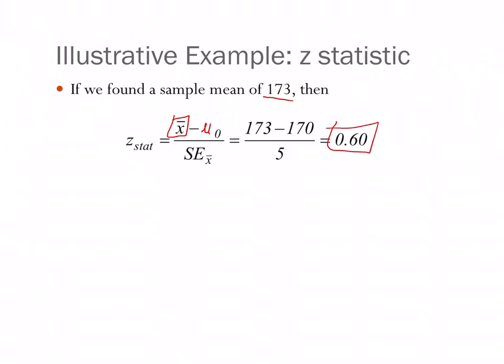That is our z-stat, which we will then go to the back of the book to find the probability associated with 0.6, just like we did with a z-score.